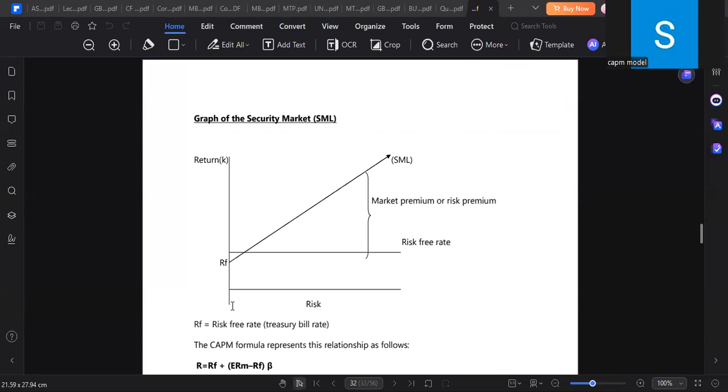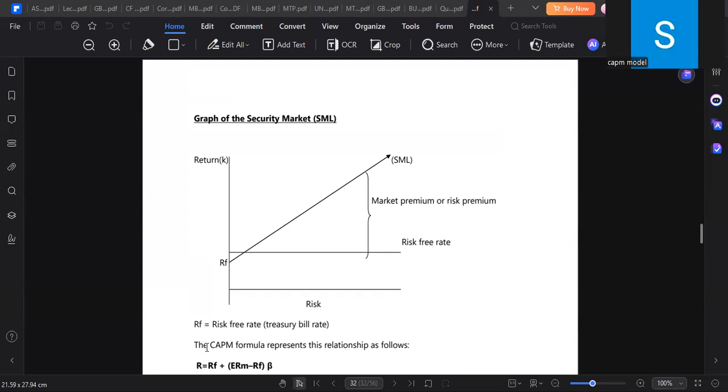So we have what we call the SML curve, right? SML curve here, the security market line. So this gives an illustration of the relationship epitomizing the CAPM model.